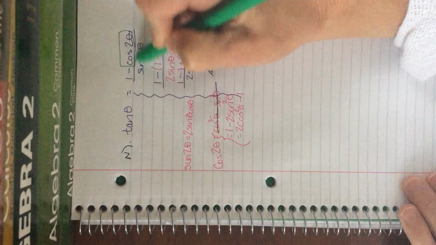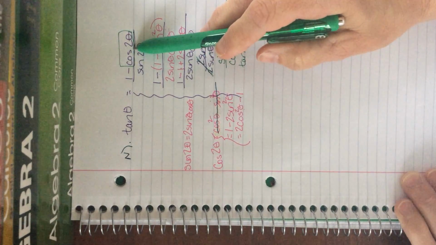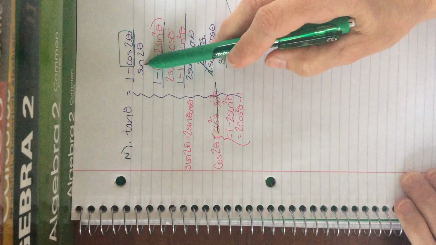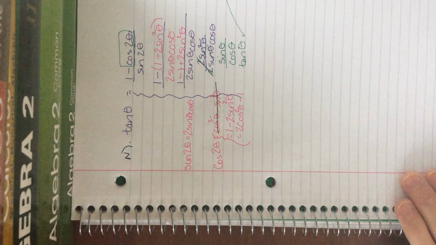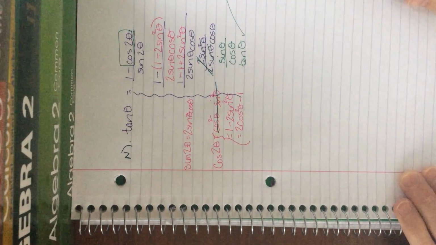Recognizing that we had a double angle for cosine, and we had a double angle for sine, that's what I use to help me decide where to begin this process.